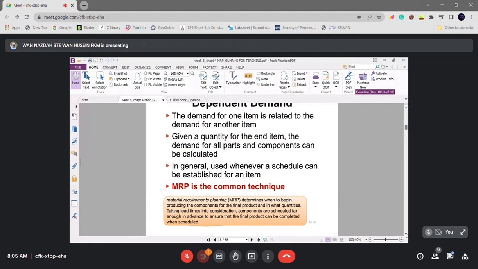But for a student, we try as much as possible for the student to get to know what is behind the MRP system software. So that is why you need to do a little bit of manual calculation, so you will know what is actually happening in the MRP system. I want you to write down.